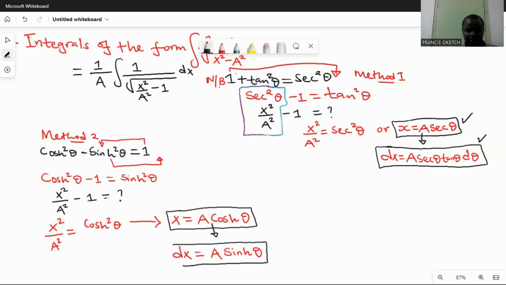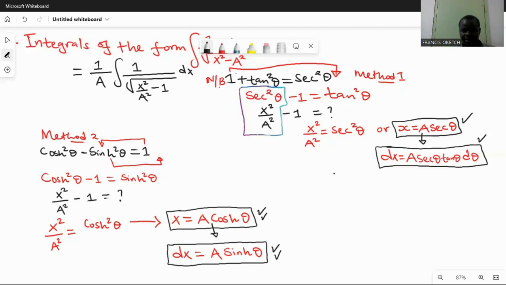So when you have such kind of integrals, then you have two ways of evaluating it. Either you can use trigonometric identity or substitution, or you can use hyperbolic substitution. So whichever you find easier for you will give you the correct answer. So you substitute x is a cos hyperbolic of theta, and dx is equal to a sine hyperbolic of theta. That is in method 2.